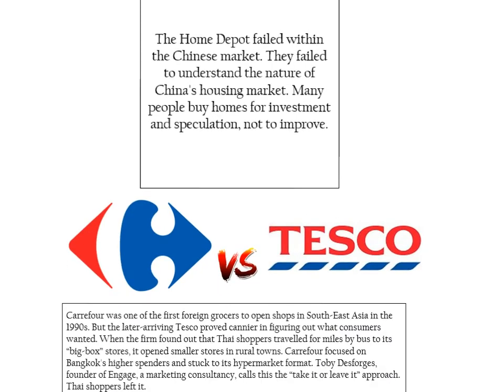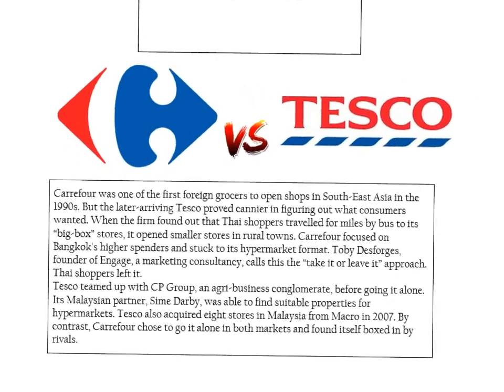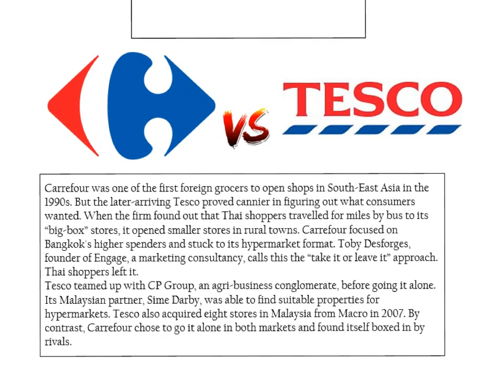Another example is Carrefour versus Tesco, which is a very good example of one company that wanted to localize and wanted high responsiveness to the locals, and one company that decided that they didn't need to. Carrefour was the one that felt they didn't need to, and they were also the first to operate within the Southeast Asian market. But the issue was they offered these big hypermarkets, and Thai shoppers had to travel for miles to go there.